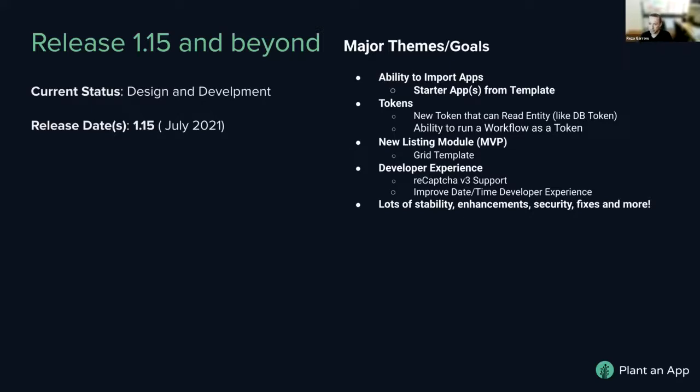We've been talking about this one. It didn't quite make it into 14, but I think it's going to be, again, another one of those game-changing capabilities, being able to run a workflow as a token, and the output parameters of the workflow will be able to just be accessed as you would with a token anywhere. So that can do some major decisioning and you know, true false, should I show this, should I enable this field or whatever.